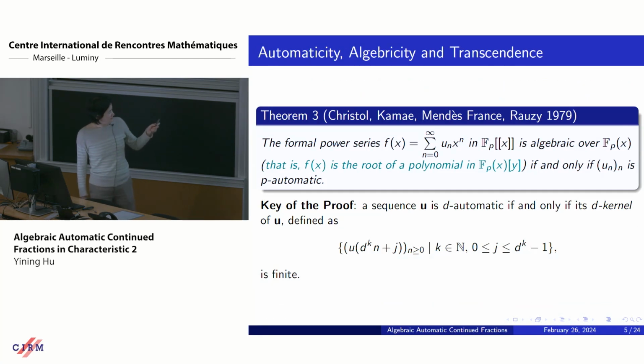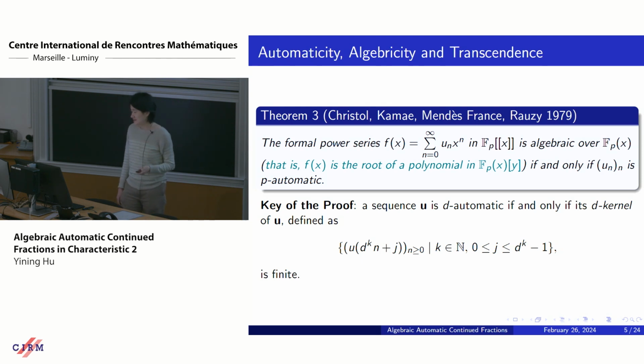Now, here we can also see that automatic sequences are simple by another criterion. Here the theorem of Christol says that a formal power series with coefficients in Fp is algebraic over Fp(x) if and only if the sequence of its coefficients is p-automatic.